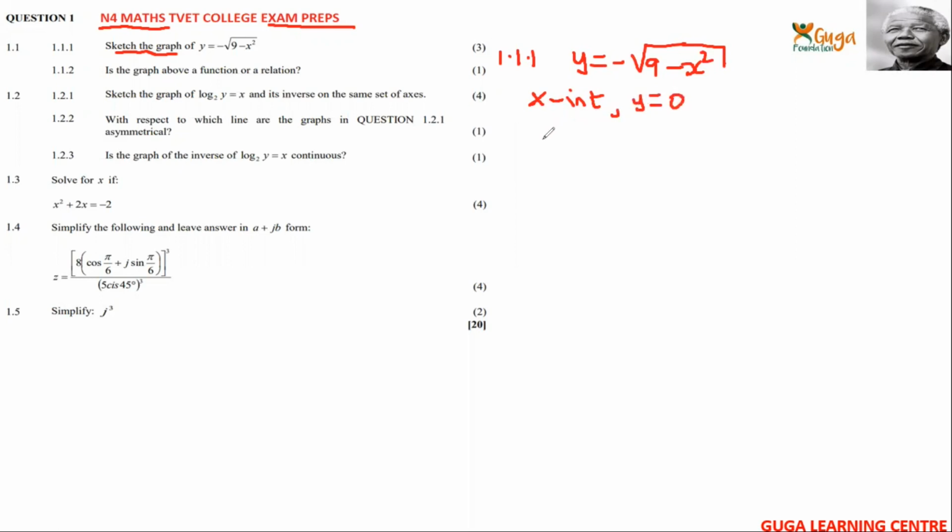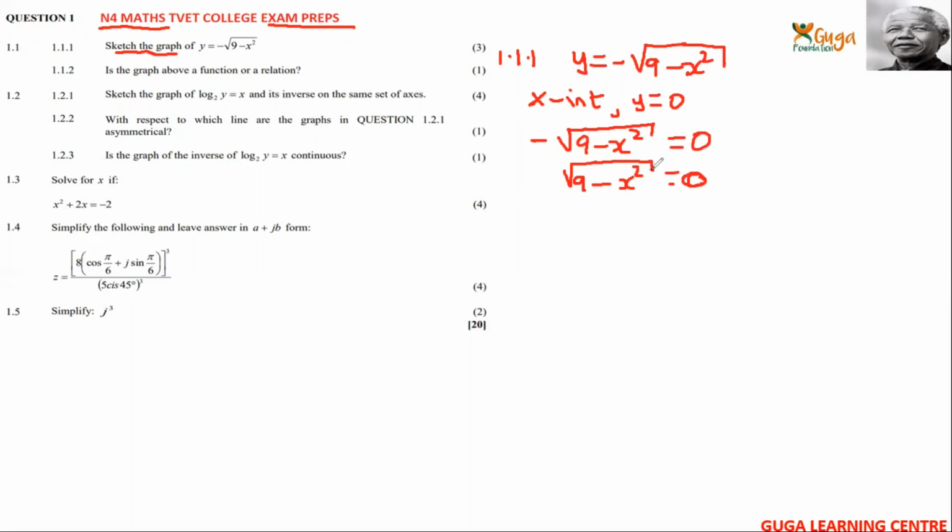So you're going to have negative root of 9 minus x squared is equals to 0. So you divide both sides by negative, then you're left with root of 9 minus x squared, right? Is equals to 0.